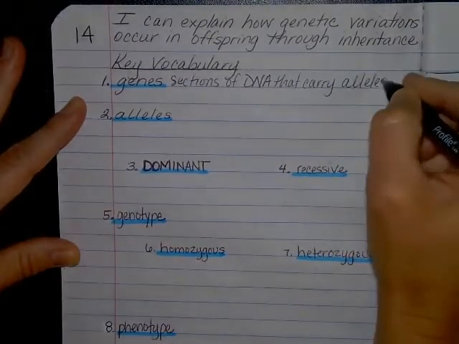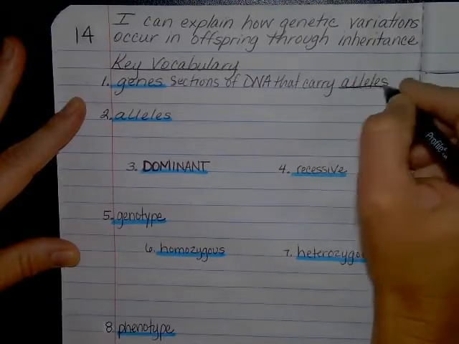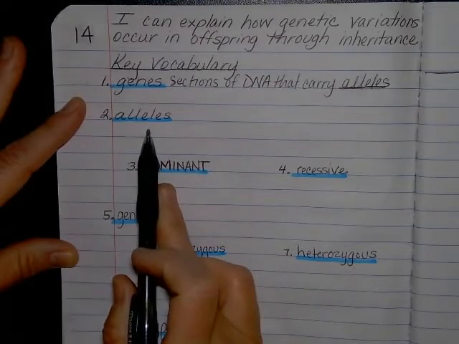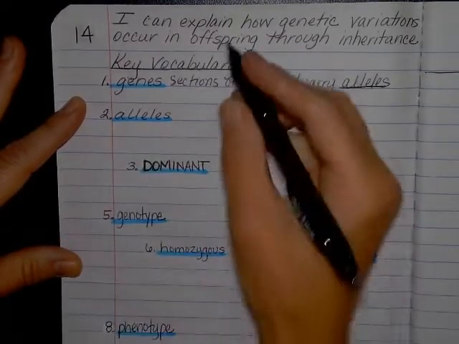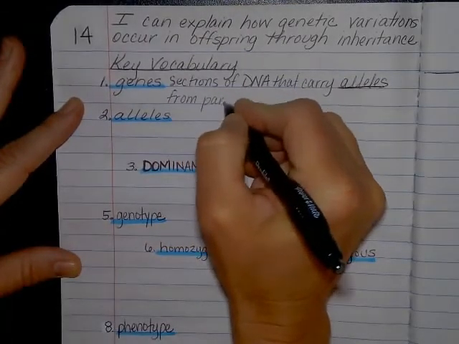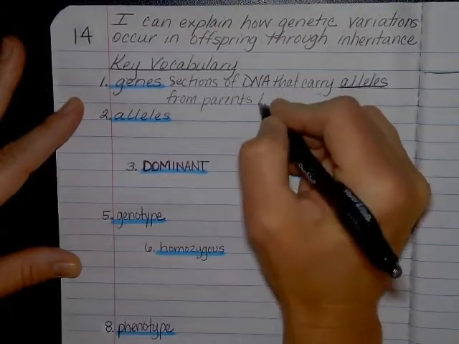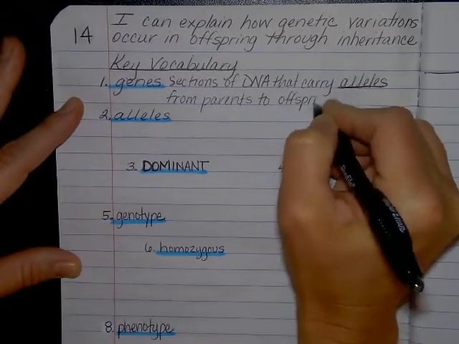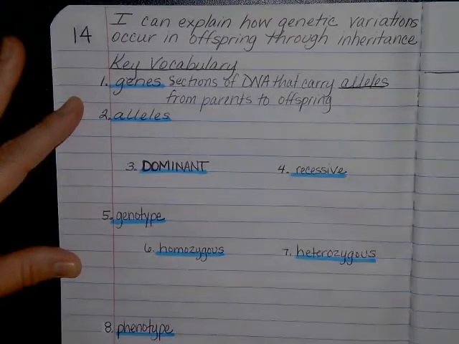Now, alleles is another word. You can see another vocabulary. So sections of DNA that carry the alleles from the parents to offspring. And again, offspring means the babies.